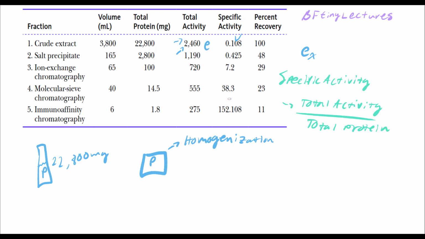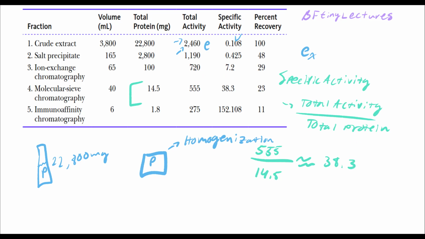So for instance, if you want to find the specific activity of this measurement, you have 555 enzymes per what? Per 14.5 milligrams of protein. And if you do the math, it's about 38.3. Okay.